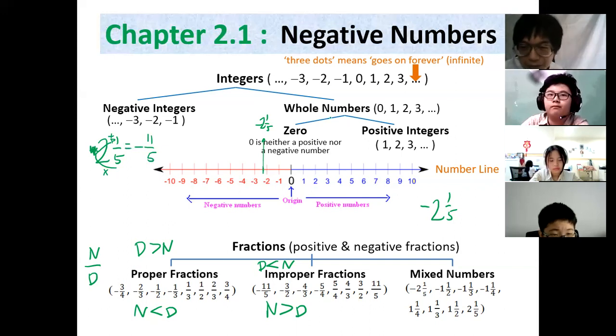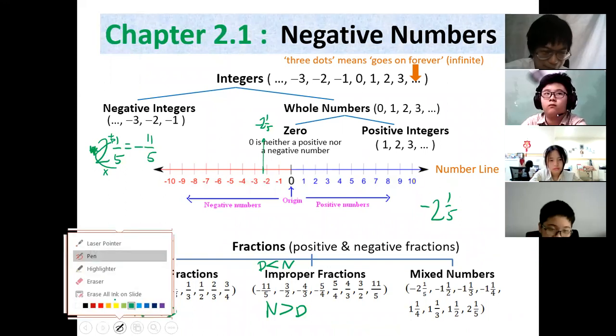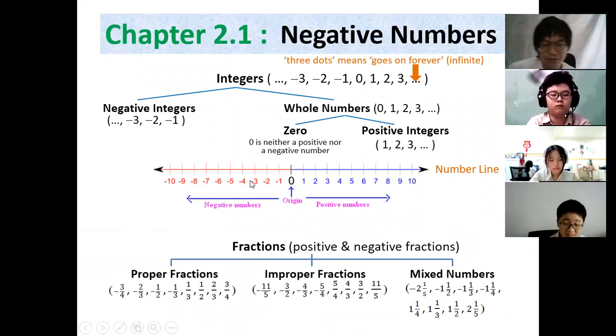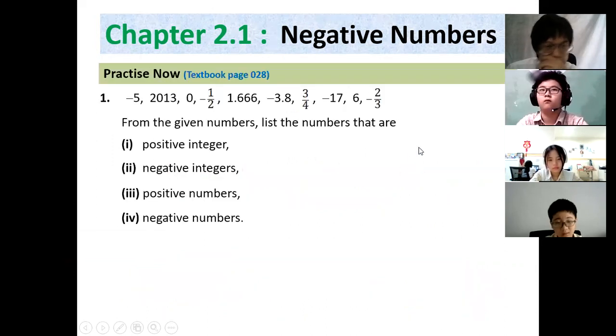Got it, Kimi? How is it, is it understandable? I think so. Okay, we may continue. So if you want to change mixed to improper and we have a negative, set the negative aside for a while.